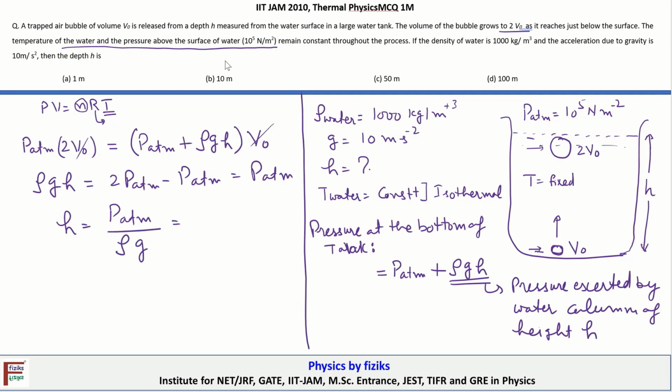Okay, so P atmospheric is 10 power 5 Newton per meter square, divided by the density of the water, which is 1000 kilogram per meter cube, multiplied by the acceleration due to gravity, which is 10 meter per second square, and this comes out to be equal to 10 meter. So therefore the height of the water column is 10 meter. B is the correct option here.